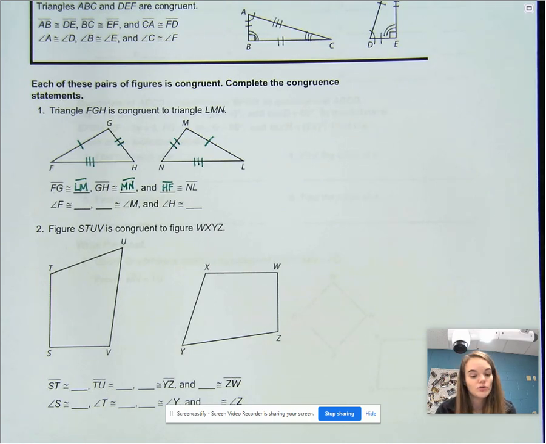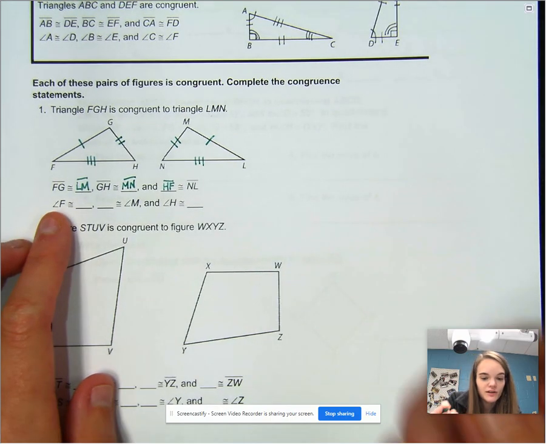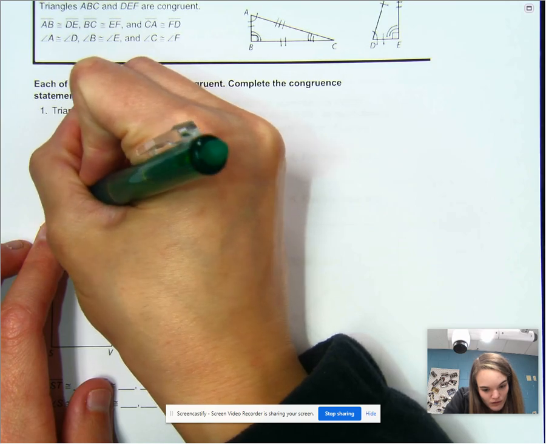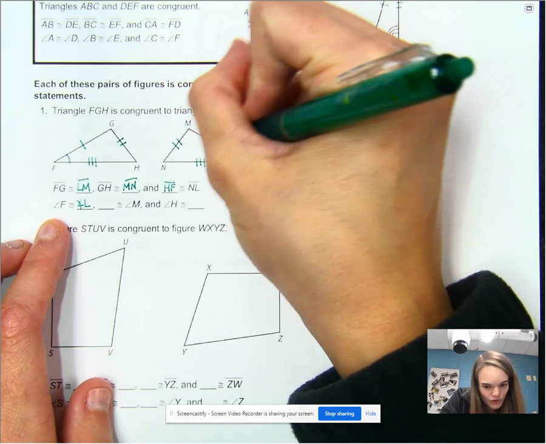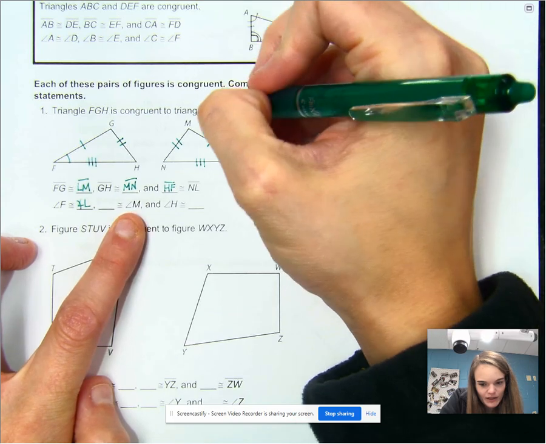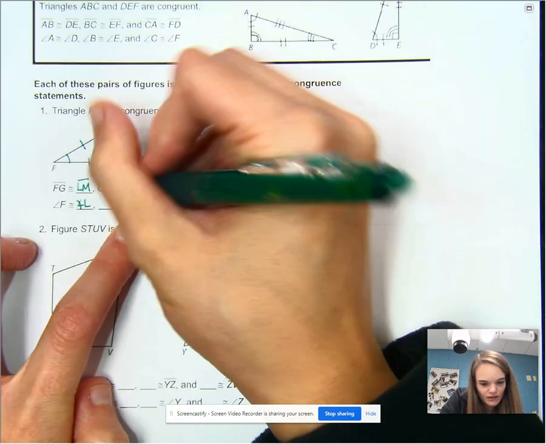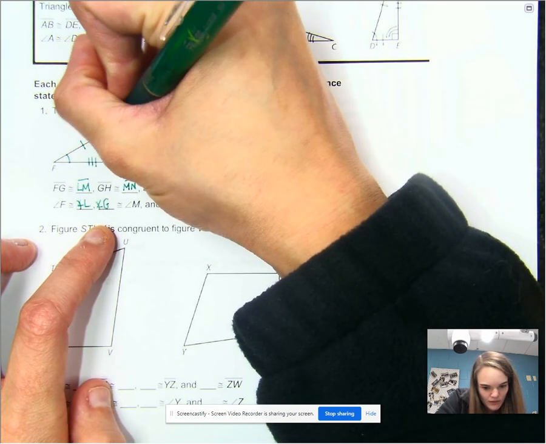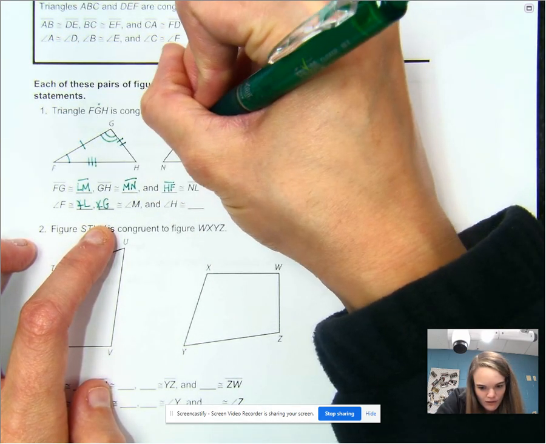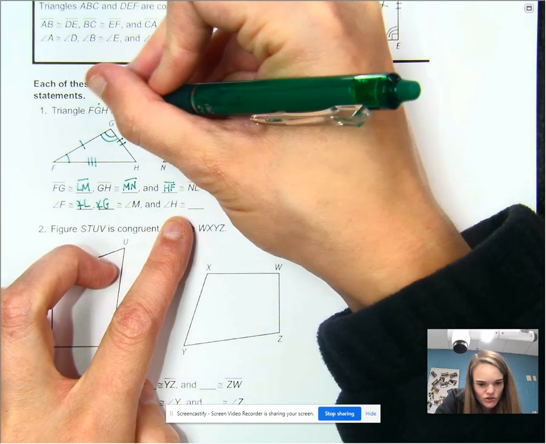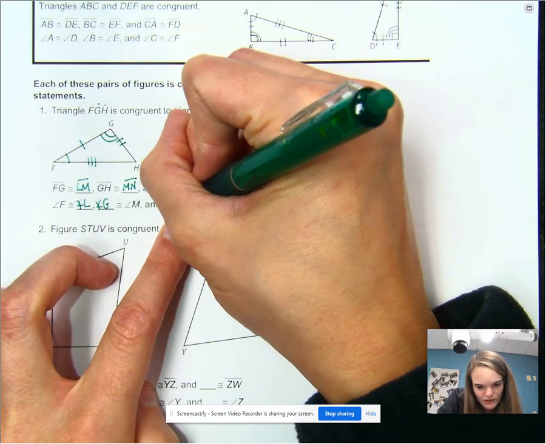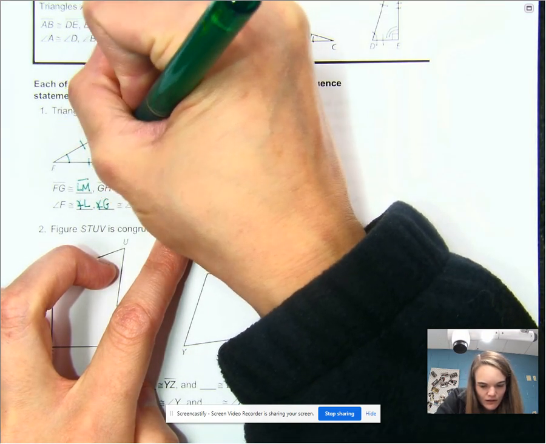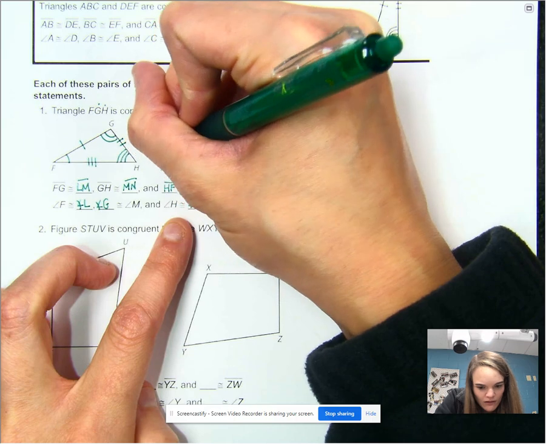Let's talk about the angle congruent statements. Angle F is congruent to angle L. M is congruent to G. And H is congruent to N. Okay?